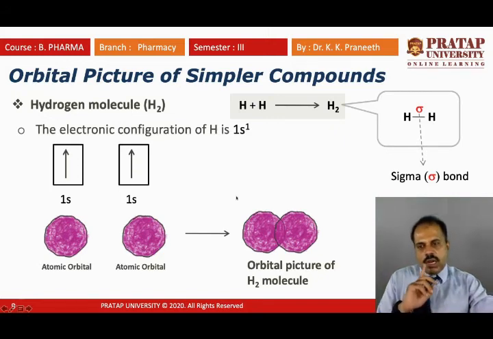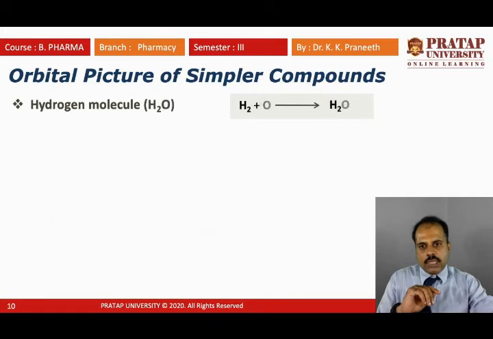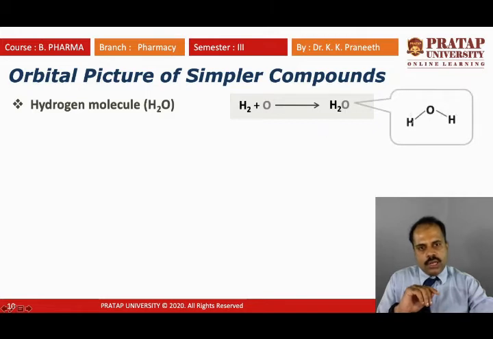Another simple example I will show you for the orbital picture is water. This is a water molecule, H2O. It forms when H2 plus oxygen gives water, H2O. This is the structure of the water molecule: one oxygen and two hydrogens with two bonds.